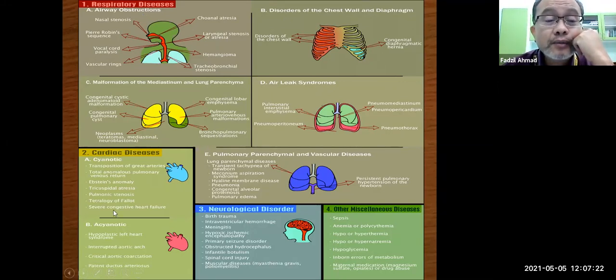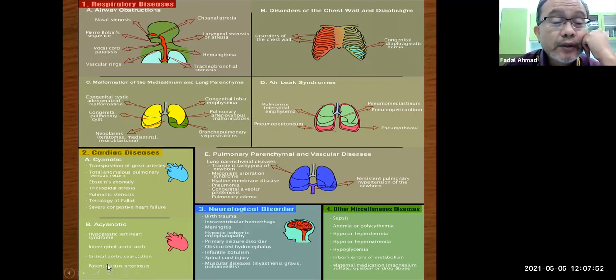The other is cardiac. Cardiac, there are many: cyanotic, acyanotic. The main common one you need to know is TOF, for cyanotic, TOF and tautology of failure. Two things. The rest you just know. And acyanotic, mostly you have to know, they get respiratory failure, respiratory problem, because they are in failure.